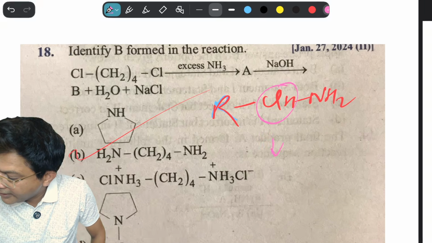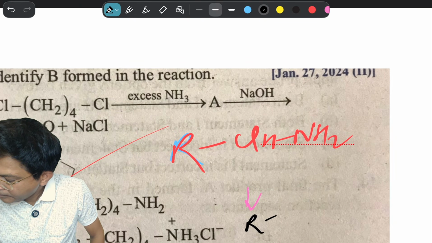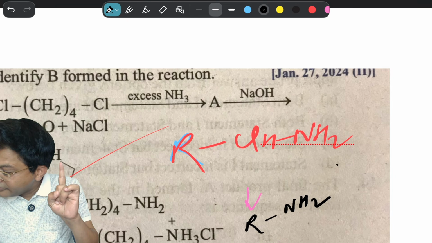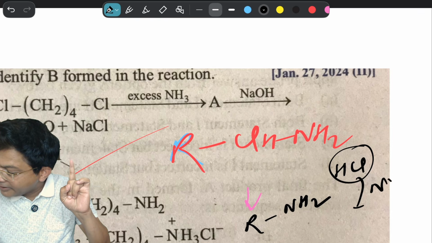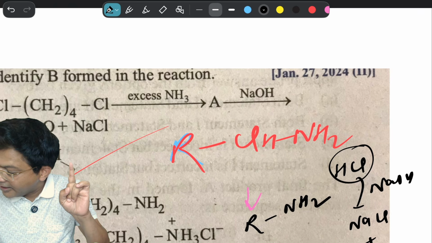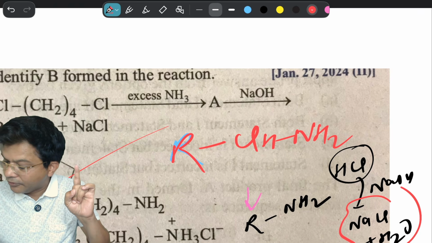So you will get R and H2. Now HCl can be eliminated by reacting with NaOH to form salt and water, and they have given NaCl and water in the reaction. If you see, NaCl and water was given over there.